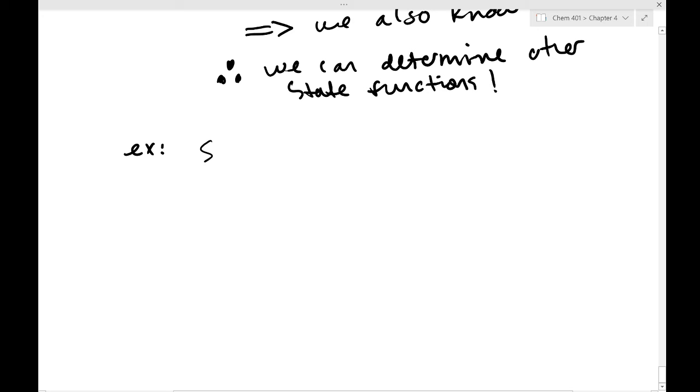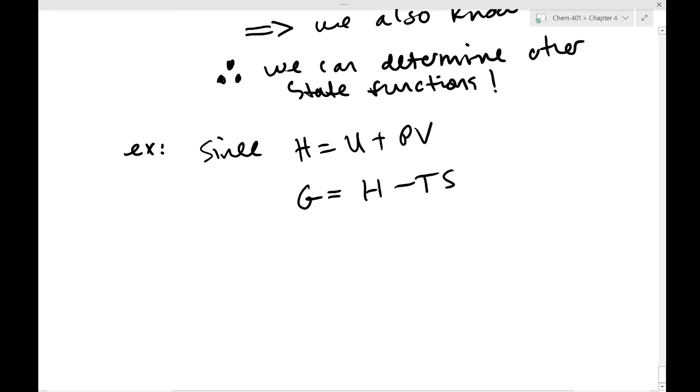Since H is equal to U plus PV, okay, and G is equal to H minus TS. If we take this H and plug it in here, we get G is equal to U plus PV minus TS.